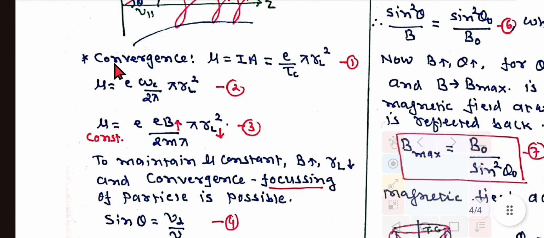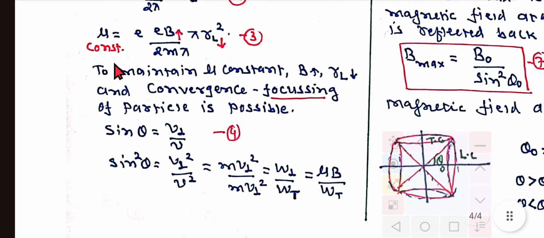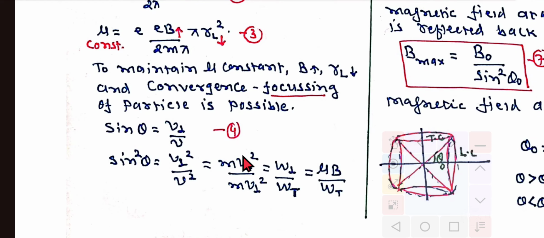So the same thing is there: m V perpendicular square over m V square. So one half m V square is the total kinetic energy, and the kinetic energy perpendicular divided by the kinetic energy total.